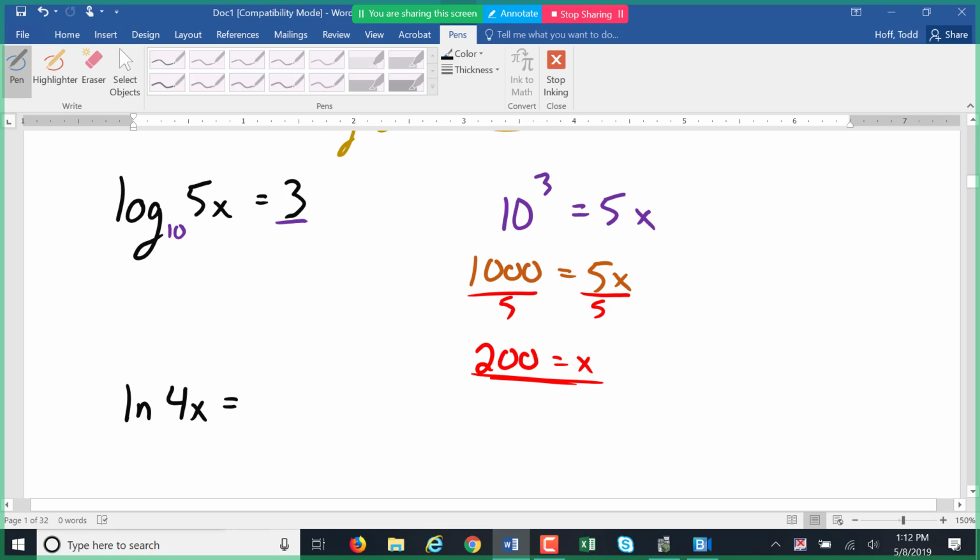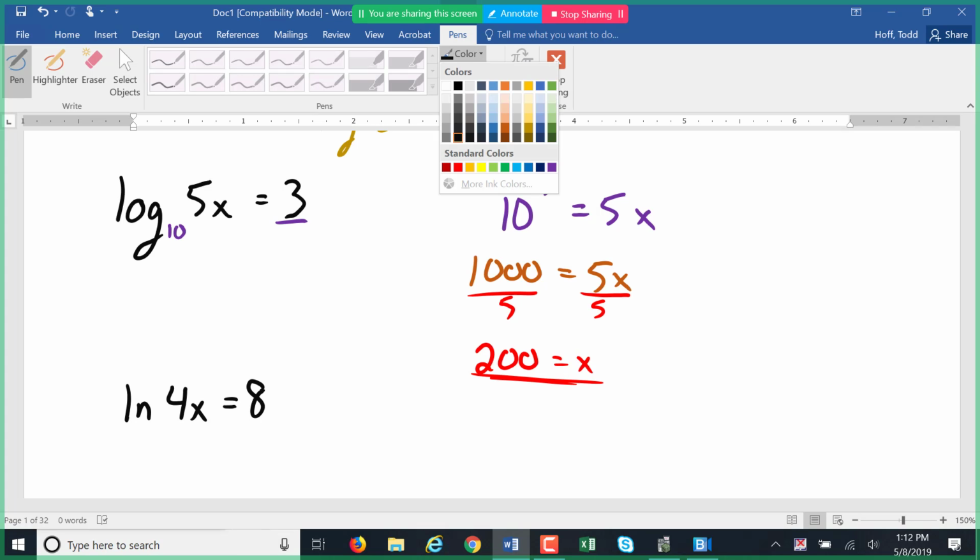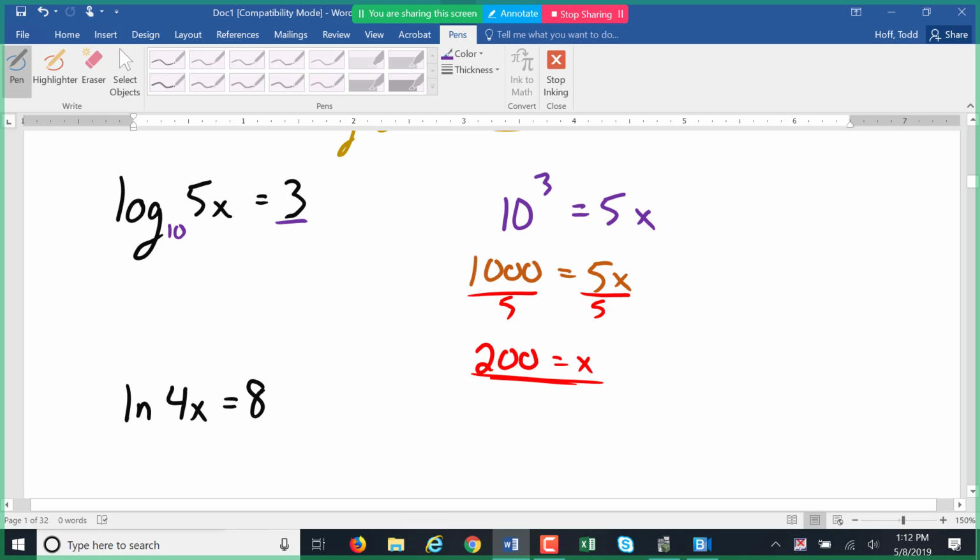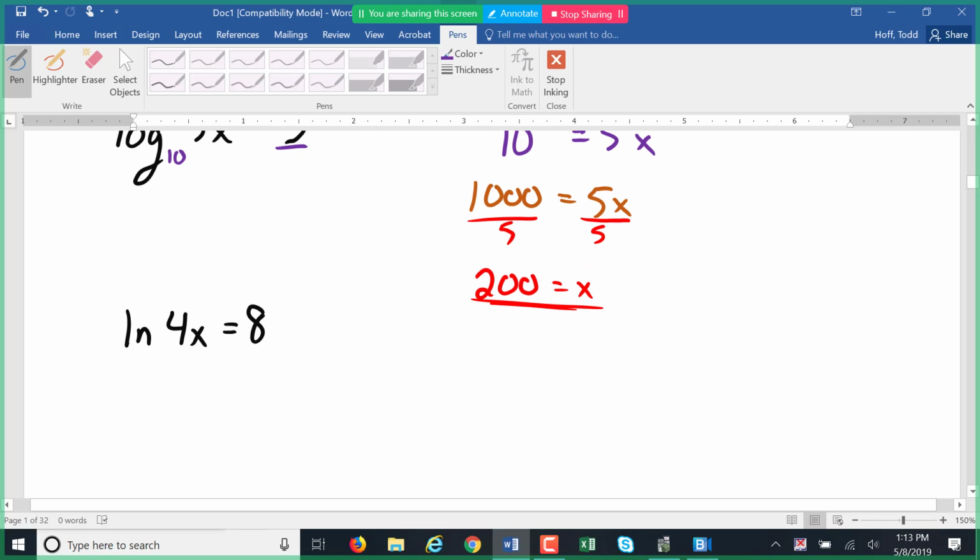Now it's not going to be quite as neat, but what if I tell you that the ln of 4x equals 8? What is the exponential equation that goes with that? Well, what's the base of our log here? e, right? So it's e to the power of 8 equals 4x.